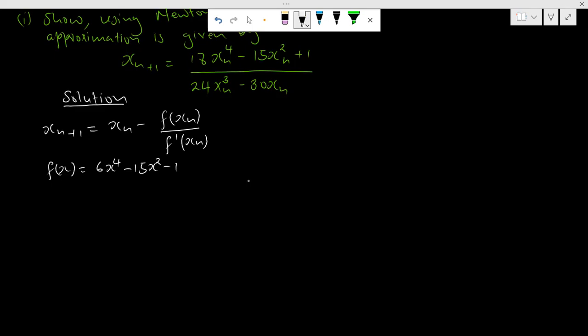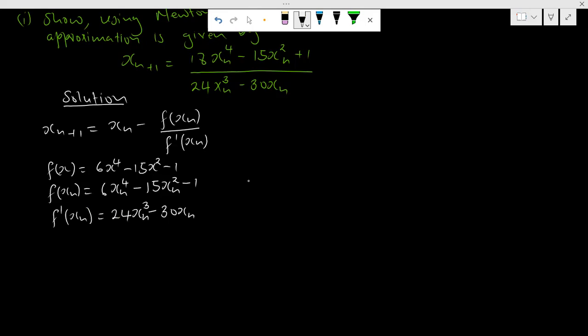And if you evaluate at x_n, we shall have f(x_n) equals 6x_n^4 minus 15x_n^2 minus 1. This implies that our f'(x_n) will be equal to 24x_n^3 minus 30x_n.